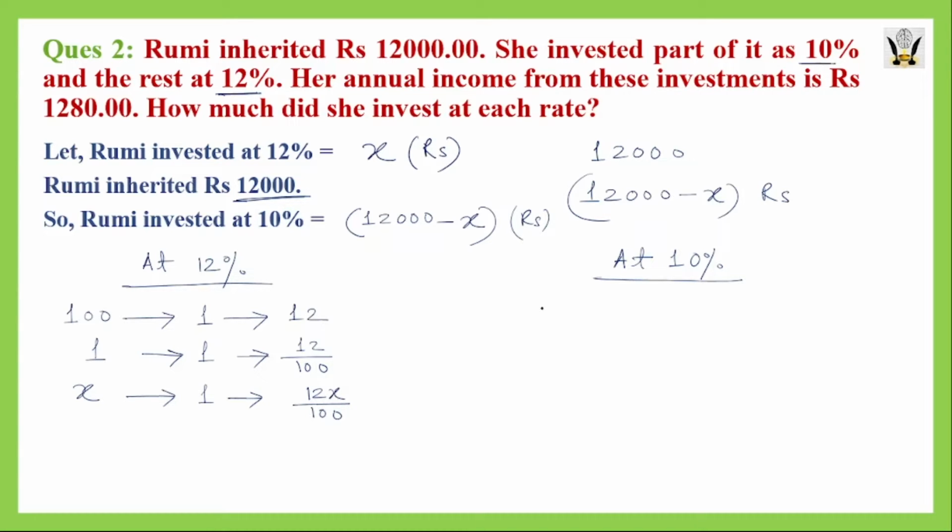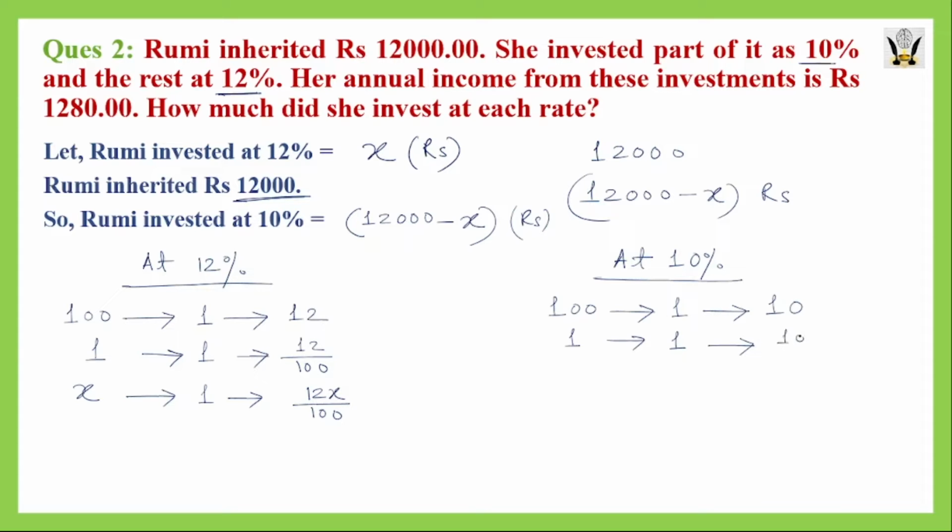Now let's come to the other rate of interest, which is 10%. When Rumi invests 100 rupees, how much will she earn as interest in 1 year? It will be rupees 10. And when she invests only 1 rupee, how much will she earn in 1 year at the rate of 10%?